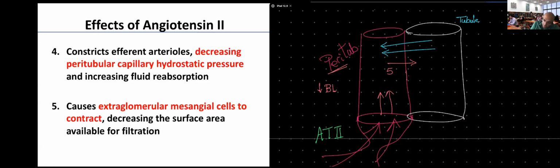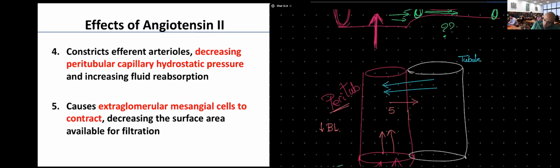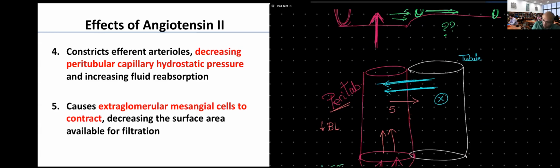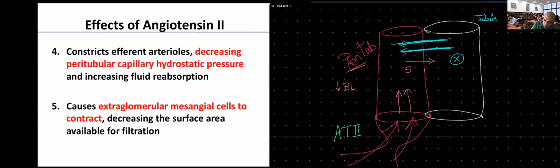So you see, I am moving fluid here due to the hydrostatic pressure in the tubule. Before I constrict, I did have a pressure of, let's say, 10. I don't have 10 anymore, I have 5.